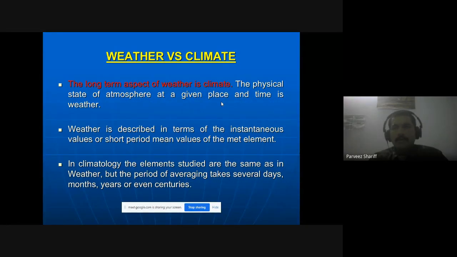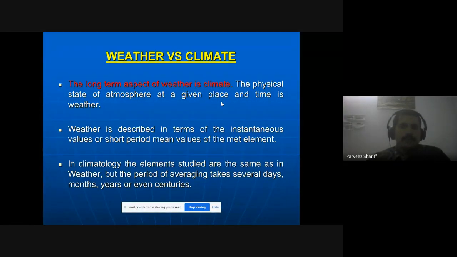When we talk about global warming, that is climatic change. If we talk about the monsoon season or the winter season, those are climatic changes. So climate is over a long period of time, whereas weather is a continuously changing process.